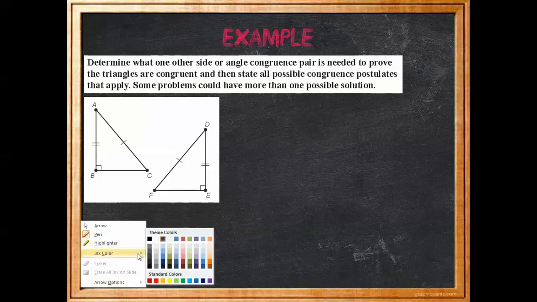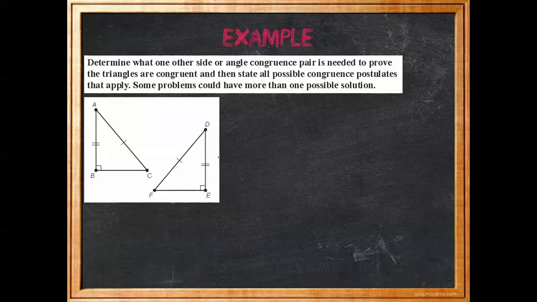On this one, we are going to determine what one other side or angle congruence pair is needed to prove the triangles are congruent, and then state all possible congruence postulates that apply. Some problems can have more than one possible solution. So what we're looking for here is what one extra thing we need.